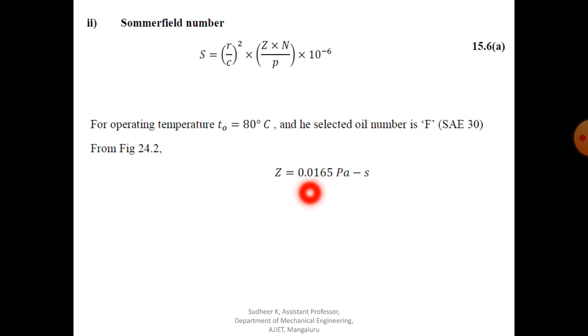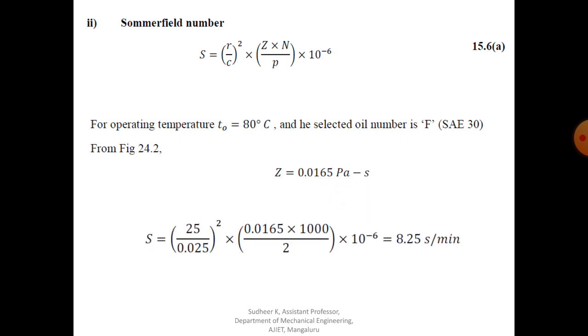You have to trace it properly with the help of a scale, because even a small variation will change the absolute viscosity, so check the value carefully. From figure 24.2 the value will be 0.0165 Pascal second. Now you can substitute in the above equation, that is 15.6a.